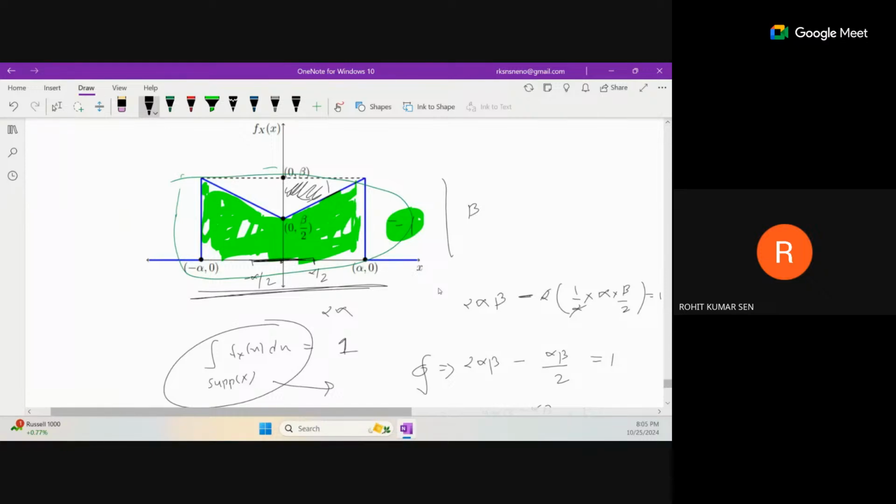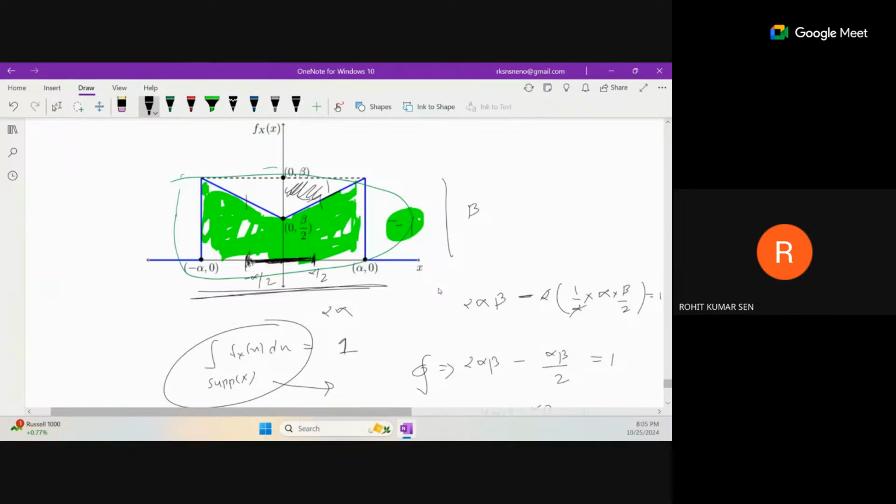This, right? So you just need to find the area under this, which will give you the probability. Not area, basically you need to integrate in this region, right?